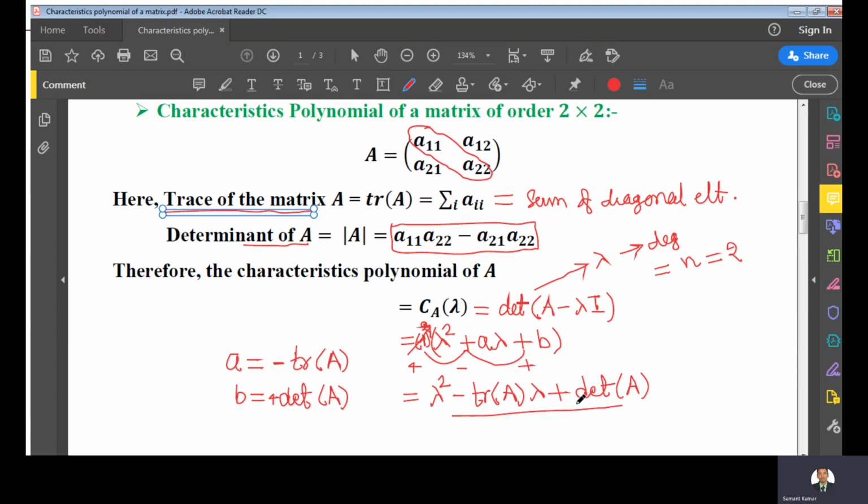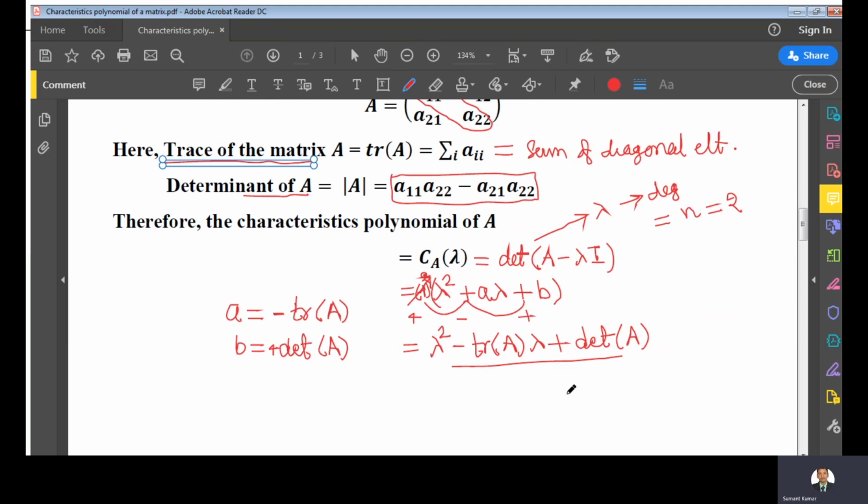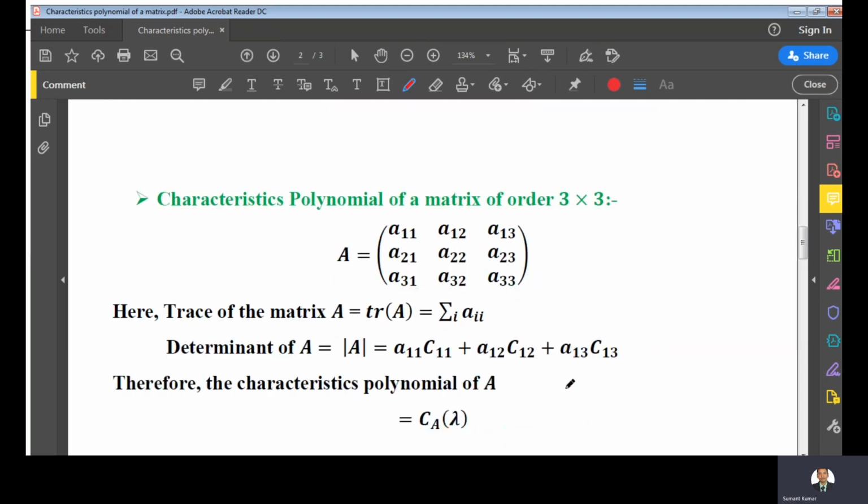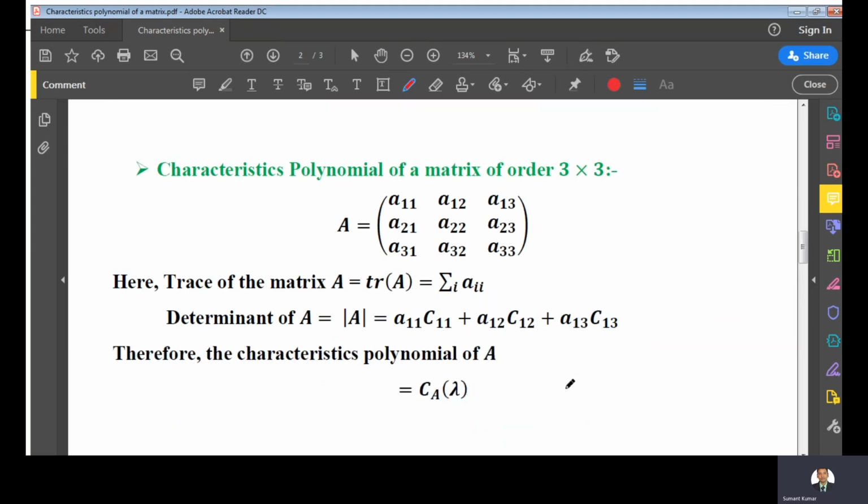This method is going to be very useful if you are considering a 3 by 3 matrix. Let us take a general matrix of order 3 by 3. In the same way, you can extend the concept I discussed earlier. First find the trace of the matrix, which is the sum of the diagonal. Second, find the determinant of the matrix.